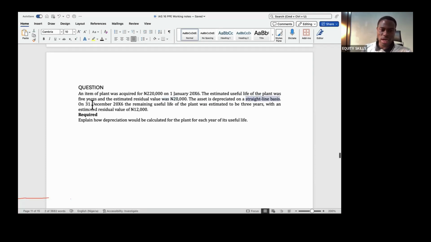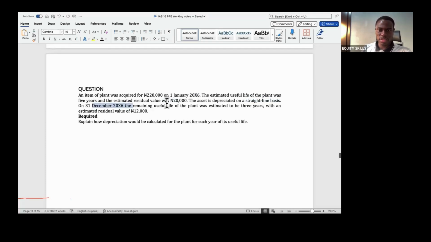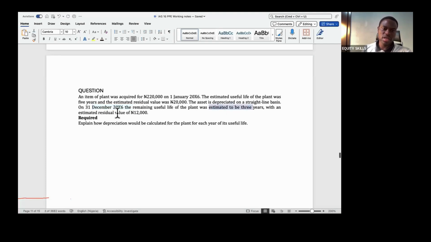At the end of the year, the useful life was revised to 3 years, and they also revised the residual value to 12,000. The question asks us to explain how depreciation will be calculated for each year of the asset's life. So how do we determine the depreciation?